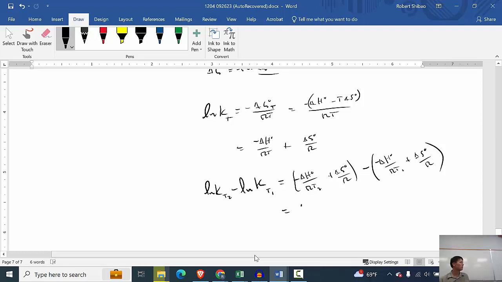So this is going to come out to minus delta H naught over R over here. Do you see the delta S naught term is going to cancel? And we're going to get 1 over T2 minus 1 over T1.